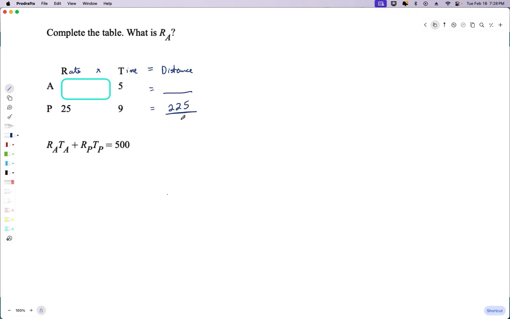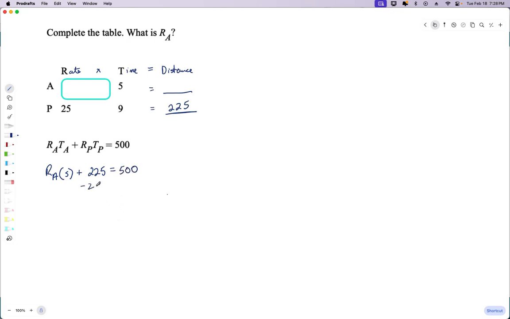We could actually take RP, TP, and not even solve for it. Just put this in here because we already know what it is. So RA, we still don't know what that is. TA is 5. And then we know this is 225. And that's equal to 500.